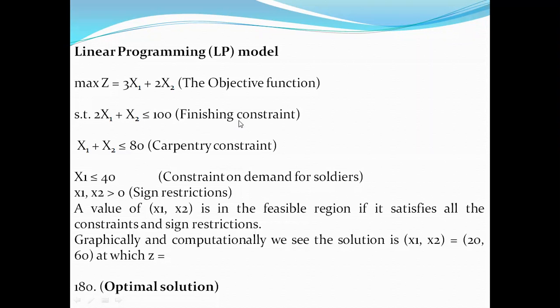The manufacturing constraints will come for both strategies, finishing as well as carpentry, because these two time factors relate to manufacturing only, but different works: one is finishing work and one is carpentry work. So 100 plus 80. The overall work followed as per the time bound is nothing but 180.